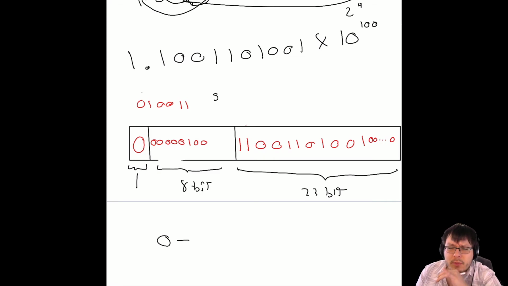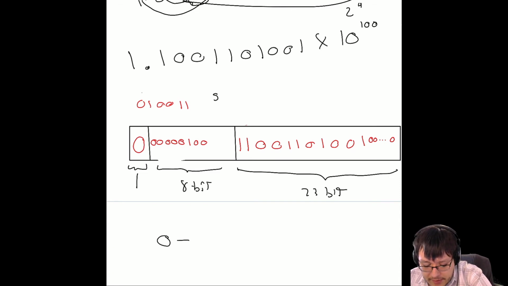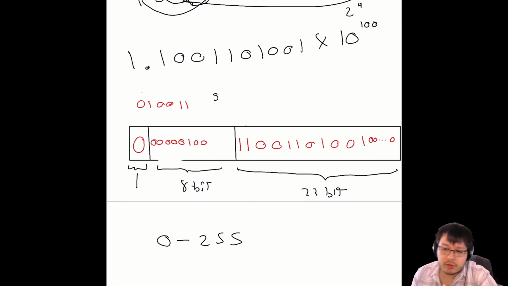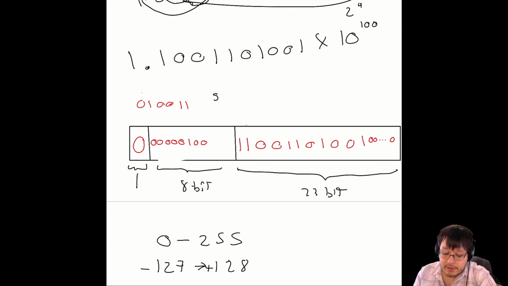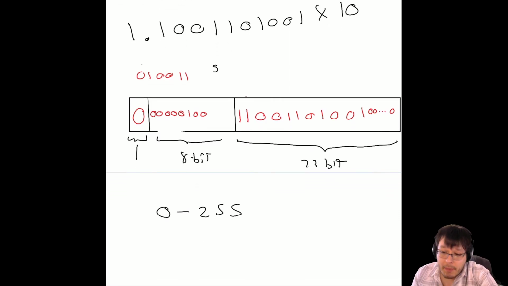Probably the reason why is because they didn't want to do 2's complement here, and so the range of 8 bits can cover from 0 to 255 if it's unsigned. If it was signed using 2's complement or whatever, then you could cover from like -127 to probably +128. However, instead of storing this in 2's complement, they decided to store it unsigned, but to be able to store, I guess, negative numbers, there's a bias.